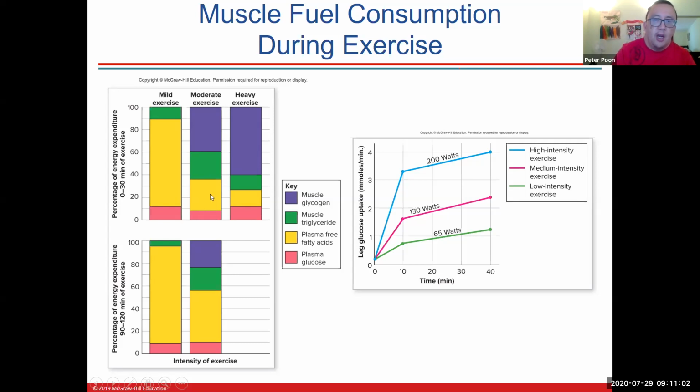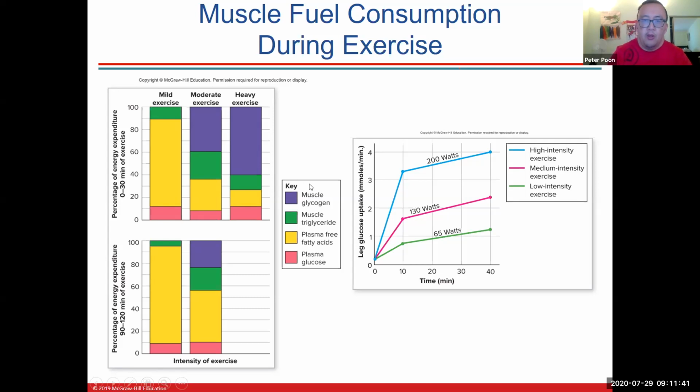Moderate exercise, you're burning muscle glycogen, you're burning triglyceride, you're burning fatty acids. But this is just percentage. Moderate exercise, you're actually burning more fat than mild exercise, because you're burning more energy, so this little bit of this percentage is more than that in sheer number.